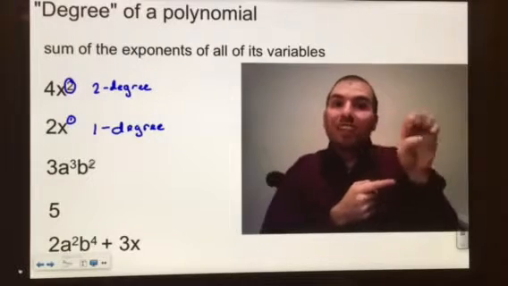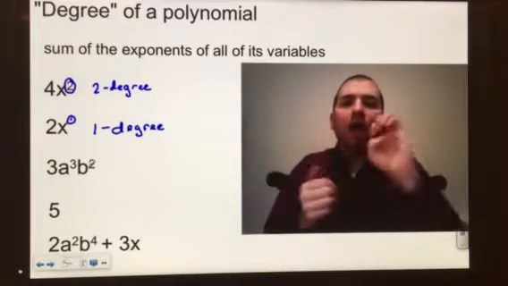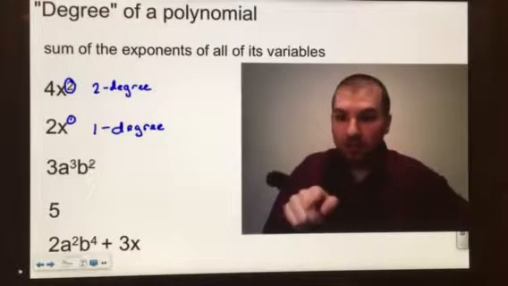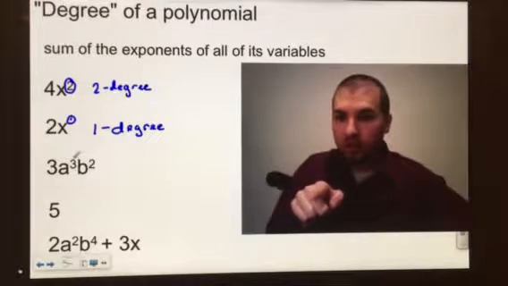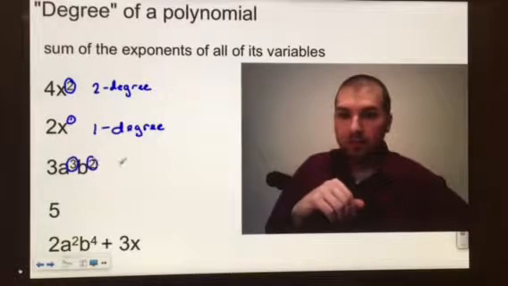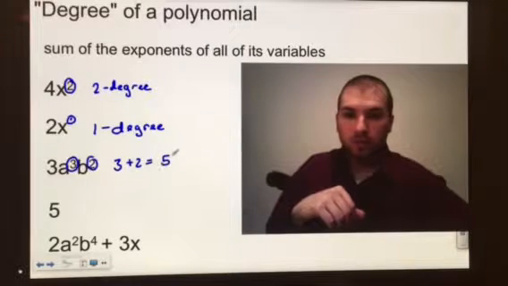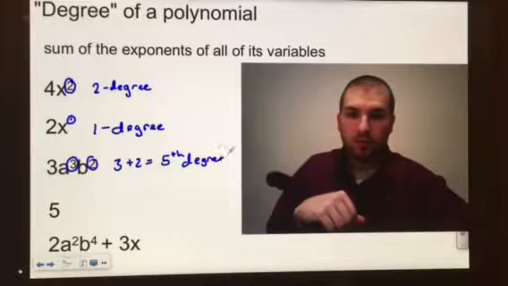This third example, 3a to the third, b to the second, means you would add the variables together and take the sum of the 2, and that's what degree it would be. So 3 added to 2 would make it 5.